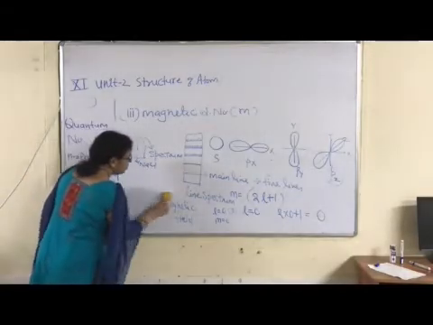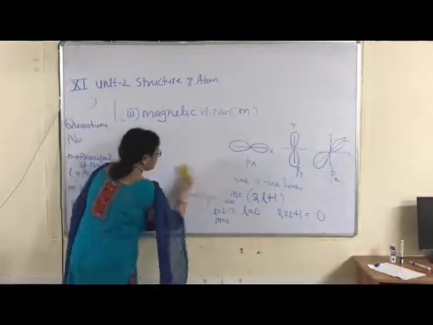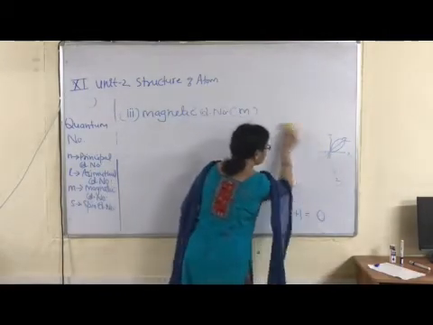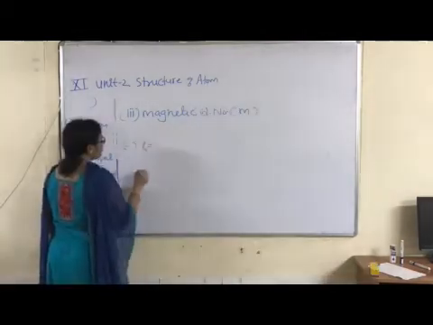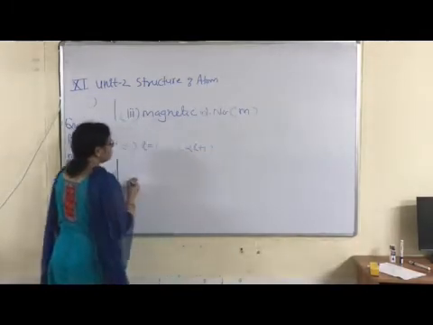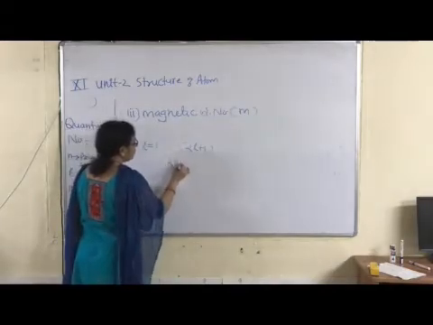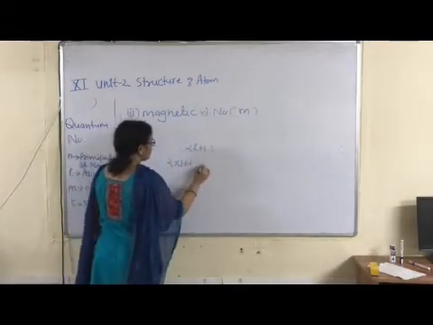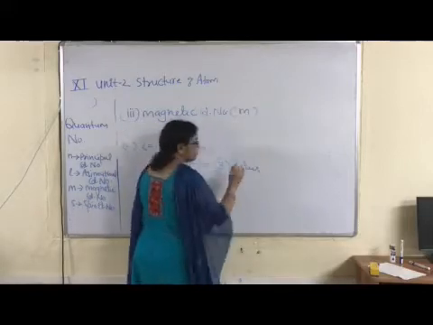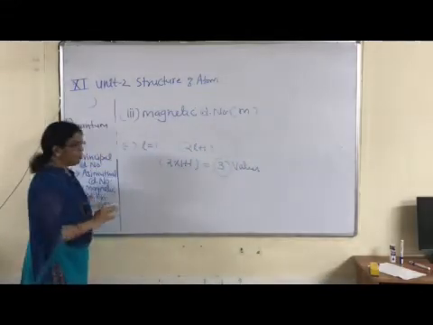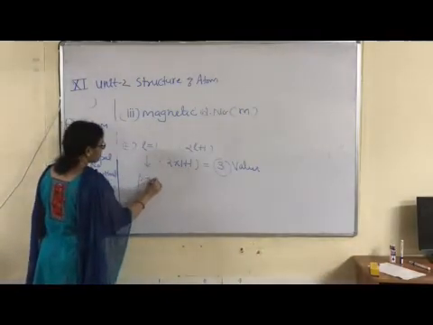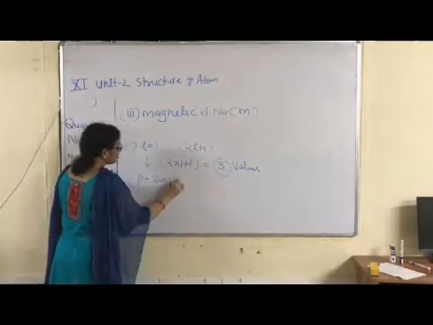Now second, if L is equal to 1, then how many values are obtained for the magnetic quantum number? Right? The formula is 2l plus 1. Okay, children? Then 2 into 1 plus 1. Total, how many values? 3 values. And you know, if L is equal to 1, it denotes the P subshell.